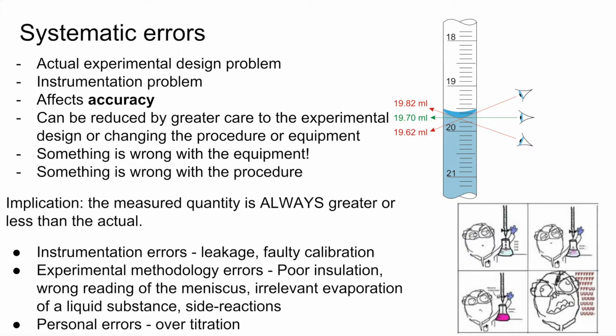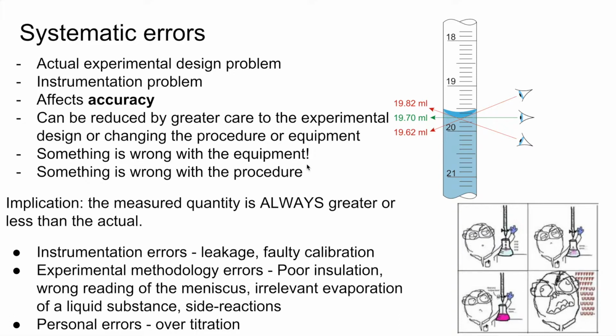All right, so a little bit more detail. Systematic error. There's a problem with the design or the procedure. There's a problem with your instrument. And systematic error will affect your accuracy. I can eliminate it if I change the procedure or the equipment.